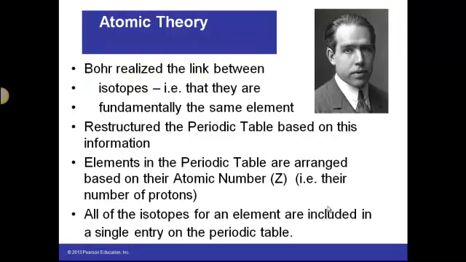So Niels Bohr was the one that realized this link between the isotopes, that they're fundamentally the same element. And so what he did is he restructured the periodic table that Mendeleev came up with based on this information, and he arranged all of the elements in the periodic table based on their atomic numbers rather than their atomic masses like Mendeleev did.